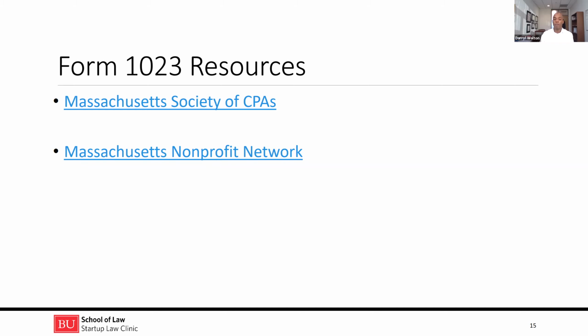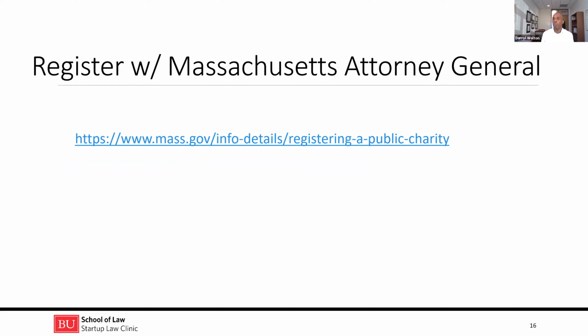And with that, I'll turn it back over to Sam, who will talk about state level considerations and registration. Thanks, Daryl. So we are still in the process of officially registering and setting up the nonprofit.